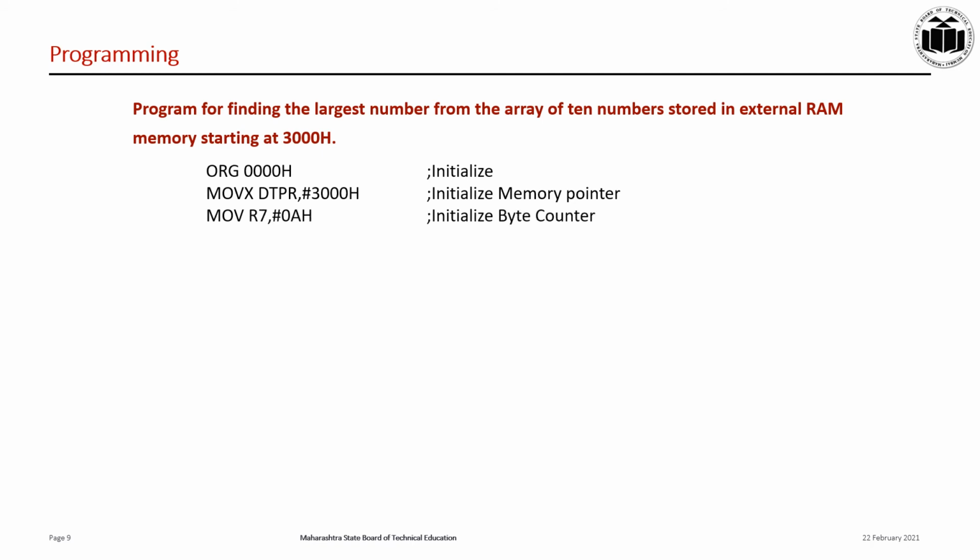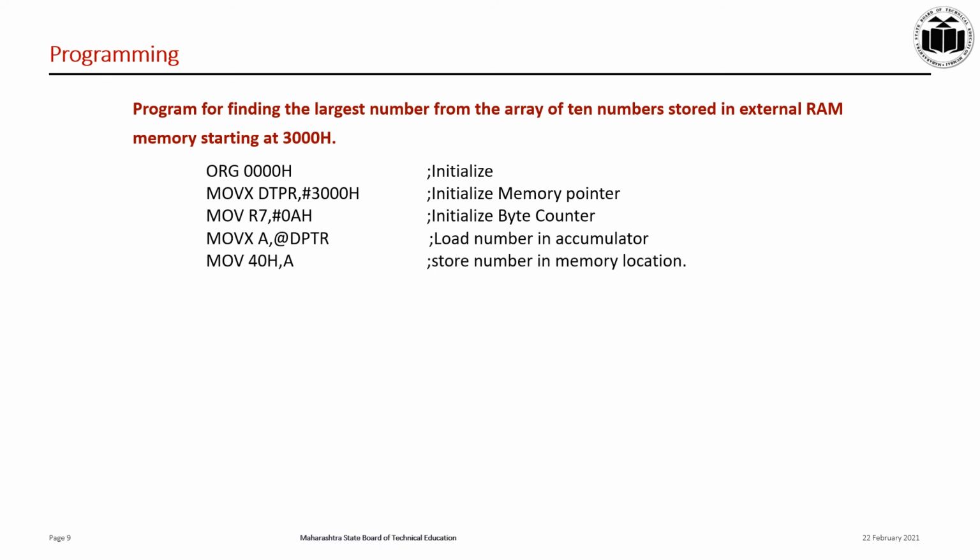Then initialize byte counter by instruction MOV R7, #0AH. Load first number in accumulator by using instruction MOVX A, @DPTR. Then store this number in memory location 40H by using instruction MOV 40H, A.